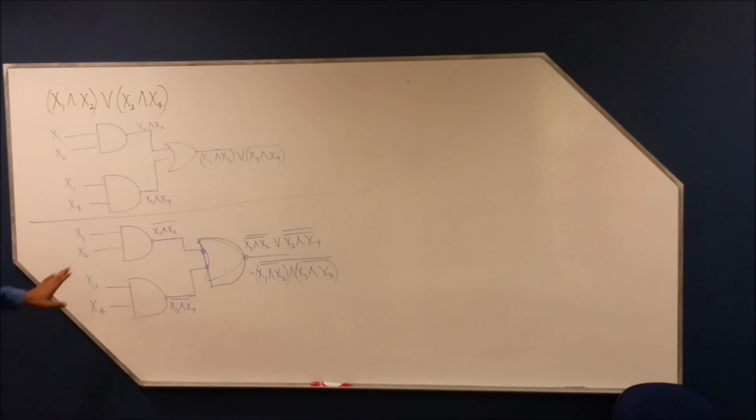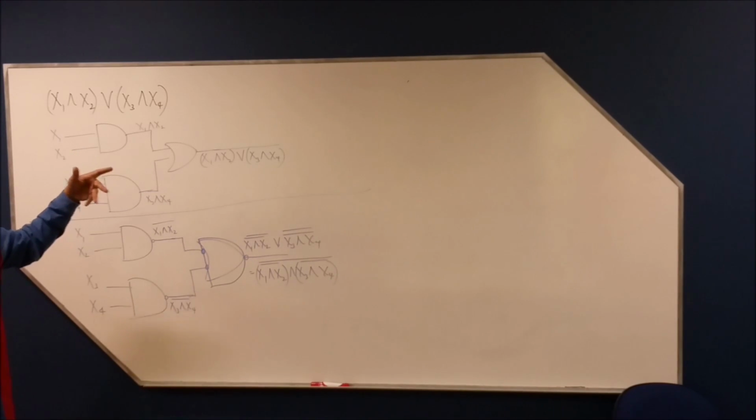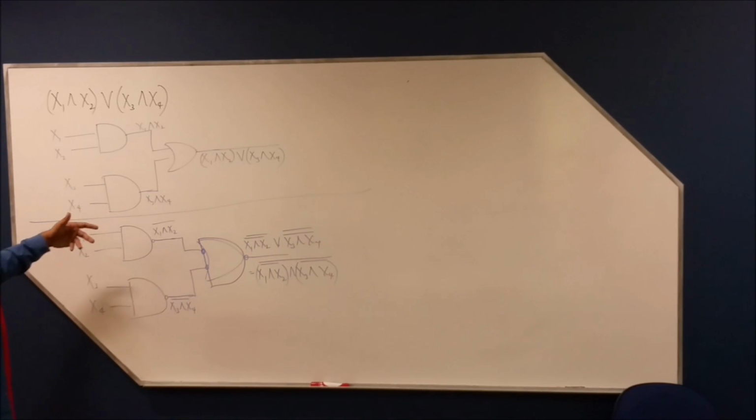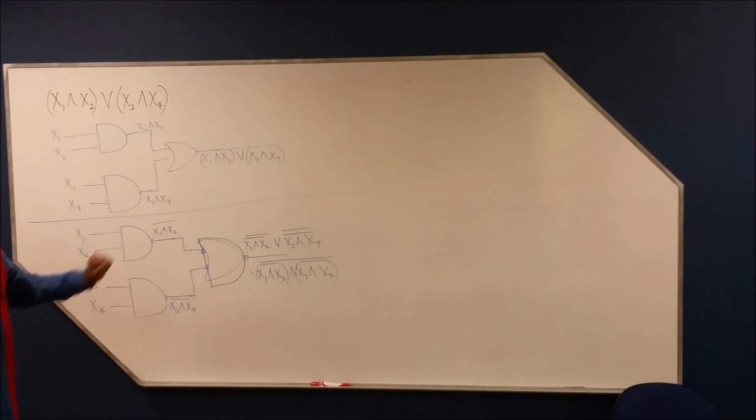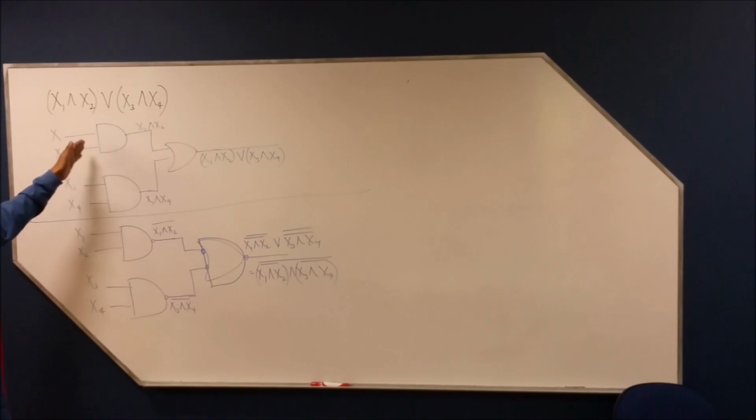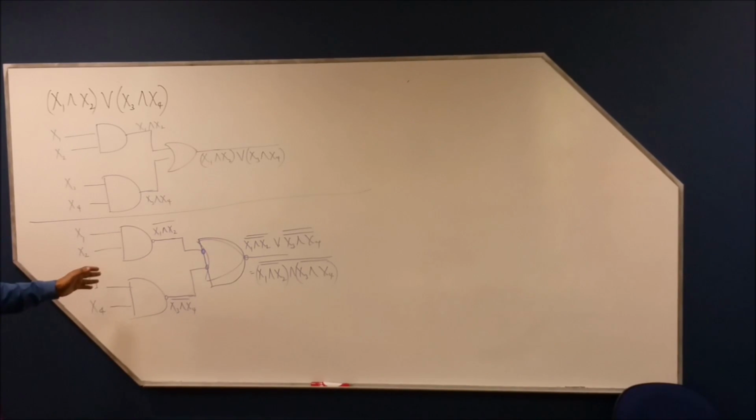Now, we could see that this schema could be generalized to any Boolean expression of this form, or even more complex Boolean expressions could be realized using NAND gates only. I'm just showing a scheme here which can be easily generalized to any other Boolean expression of this form.